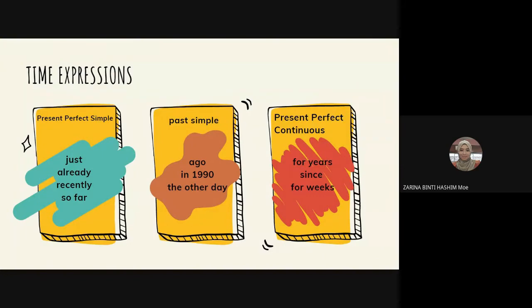For 2 hours means they give you the specific time, so we have to use past simple, which is waited. Correct, waited. Most of you got it correct. Yan Ling, number 10, waited.